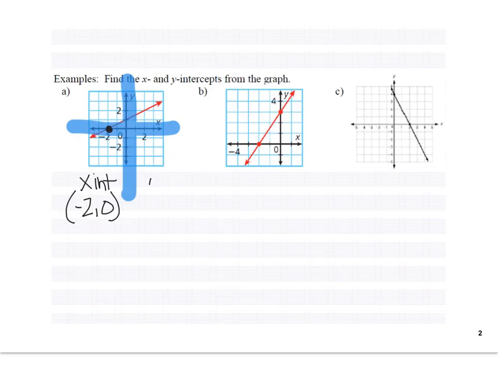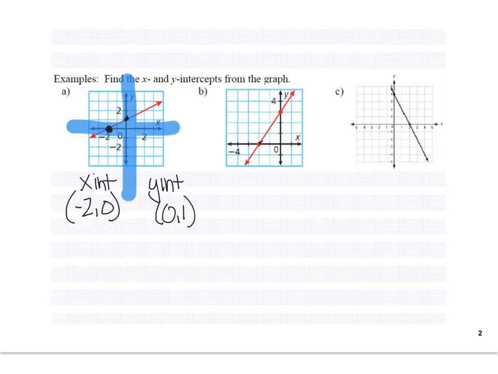So that means the one that we find next is our y-intercept. And that's going to be where it crosses the y-axis, which is at (0, 1). So here we found our x and y intercept. In a little bit, we're going to be finding those two to make the graph. Let's look at our next one.